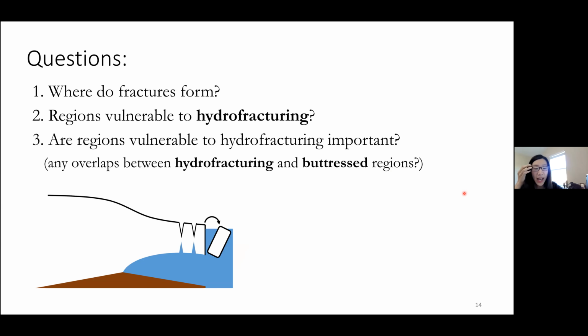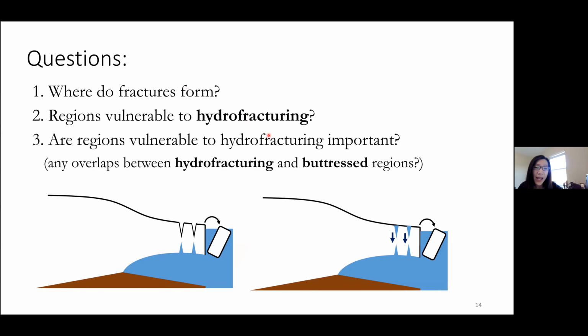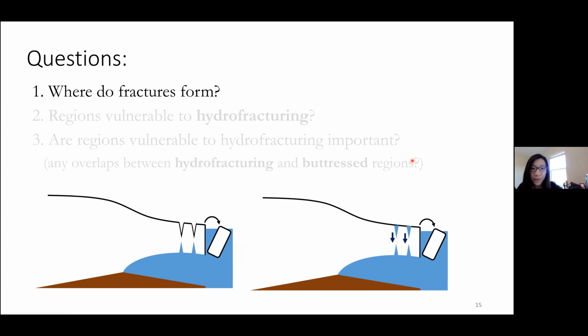So to answer the question, we want to first understand where fractures form and what the areas are that are vulnerable to hydrofracture if the crack is filled with meltwater. Finally, are the regions vulnerable to hydrofracture important? In other words, is there any overlap between the hydrofracturing and the buttressing regions?